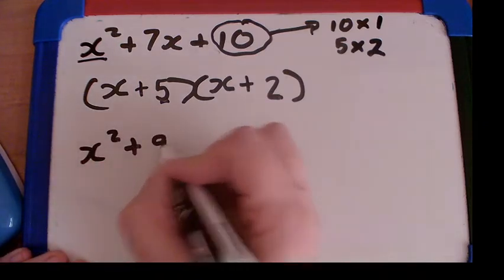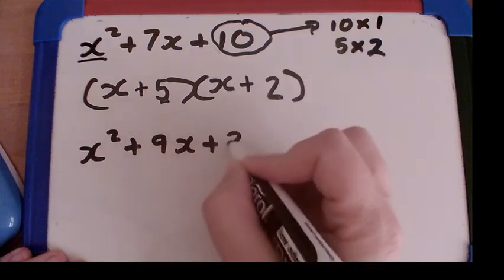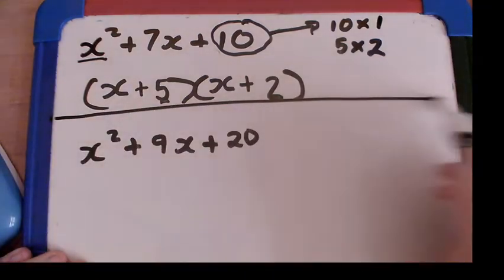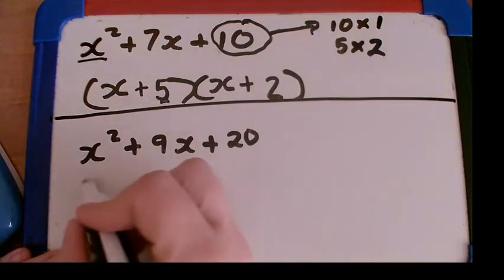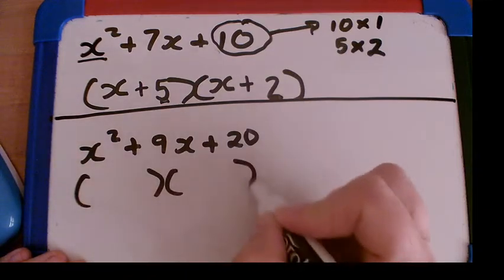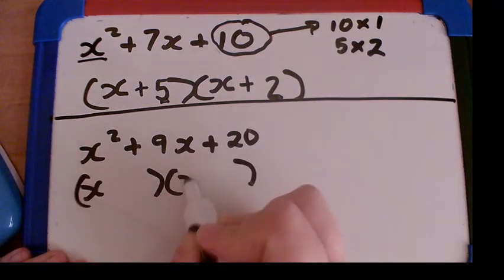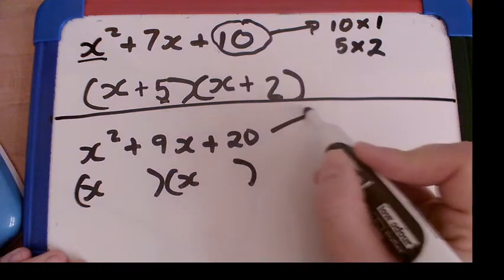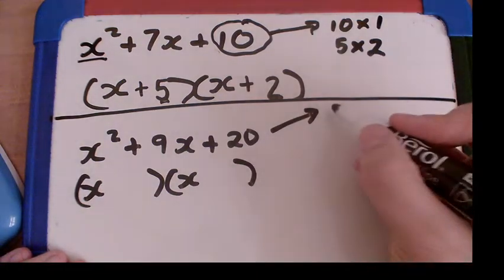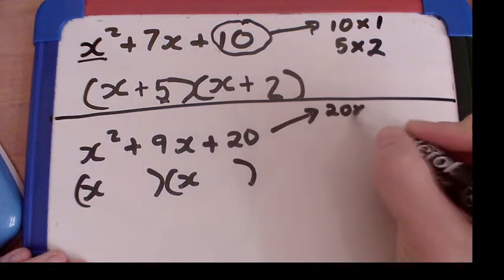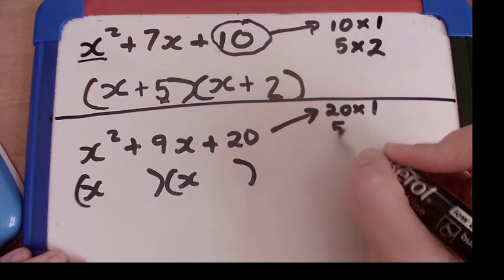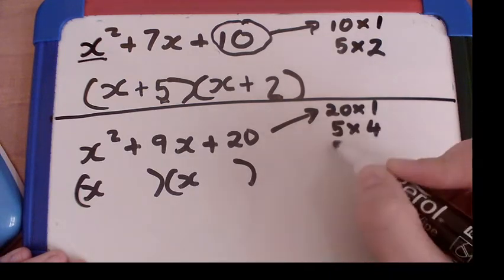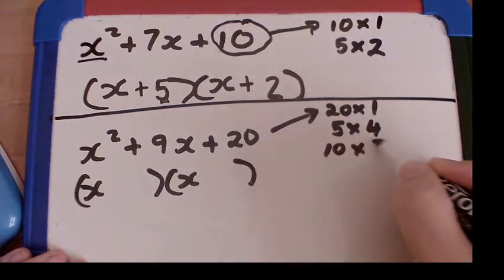x squared add 9x add 20. So let's start the process again. Two brackets are going to be necessary. An x is needed for both. Now, what are the different ways we can get 20? Well, it's 20 times 1, or it's 5 times 4, or it's 10 times 2.